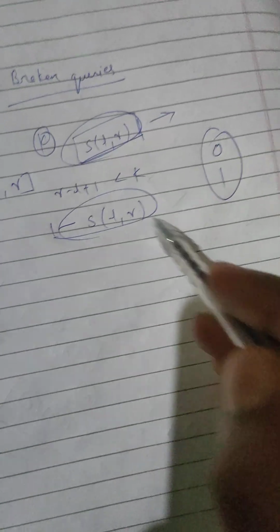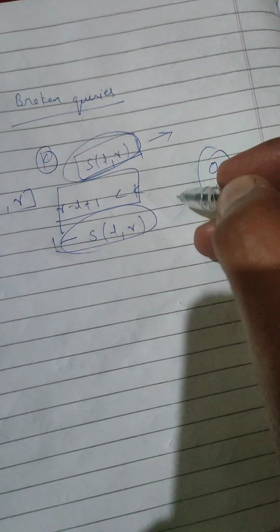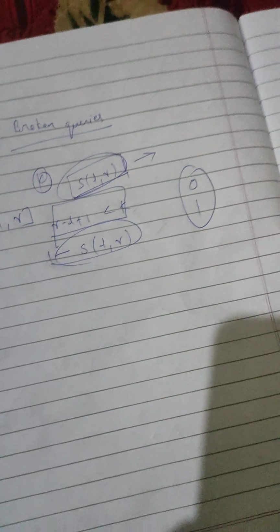If this range is less than k, then we get the correct sum. Otherwise we get 1 minus that sum, that means the wrong one. So if our range is within k, we get the right one, otherwise we get the wrong one.